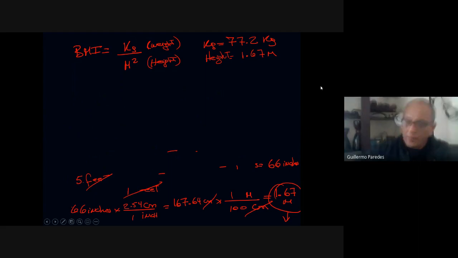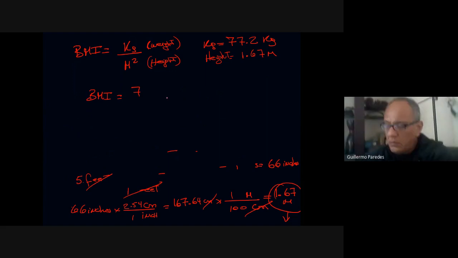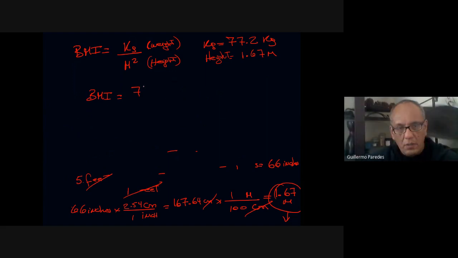All right, so now BMI will be 77.2 kilograms divided by 1.67 meters squared.